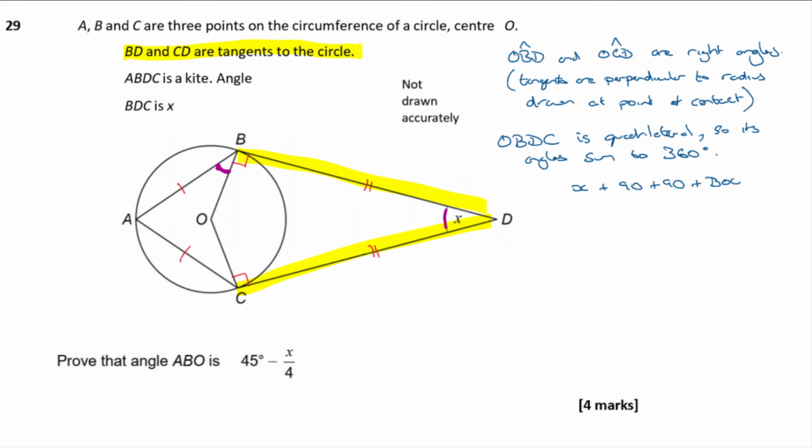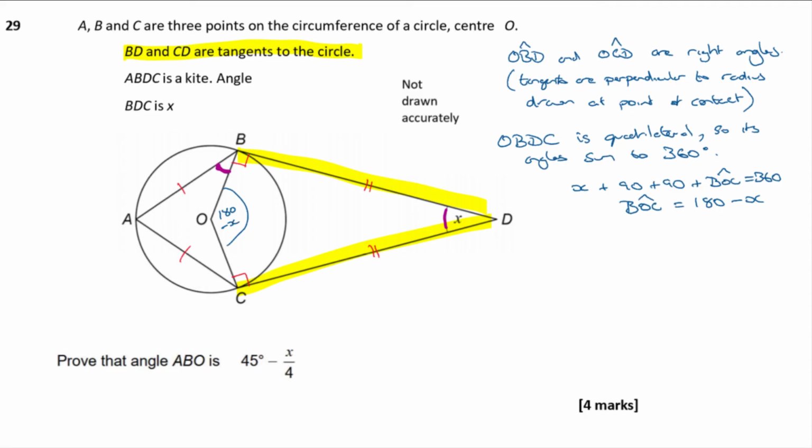So angle BOC has got to be equal to 360. I know that 90 and 90 is 180, and I take that away from 360, that's going to leave me with 180. So angle BOC then is going to be 180 minus X, just simplifying that down a little bit. So I know that that angle there is 180 minus X.